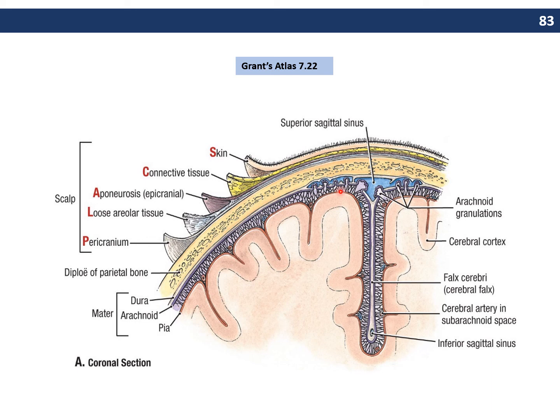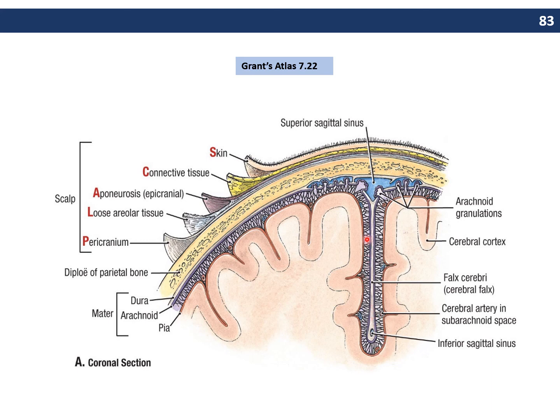And notice these arachnoid granulations projecting into the superior sagittal sinus, as I described previously. This falx cerebri is here, and the inferior sagittal sinus, smaller than the superior sagittal sinus, is shown here.